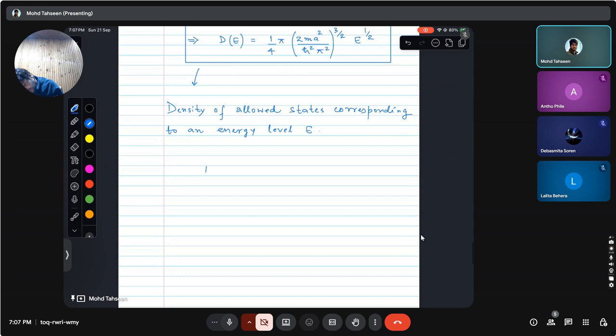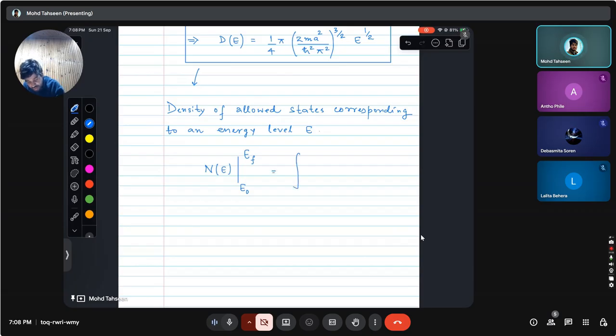It means if we take the number of electrons N of E between some energy level, let's say E0 to E_F, what is the number of electrons between these two states?